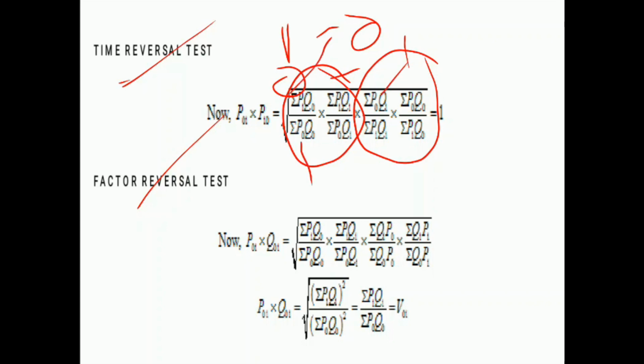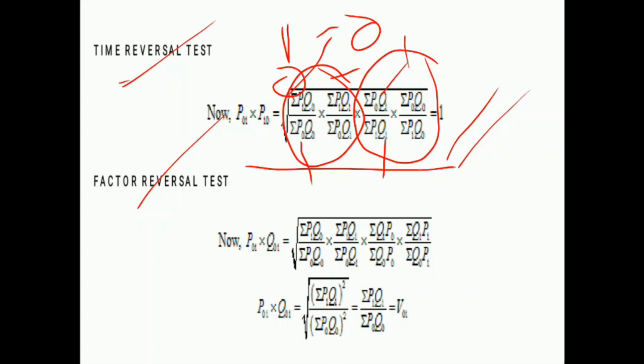Here summation P0 Q0, in the second part summation P1 Q1. That is, just change 1 to 0 and 0 to 1, and you can remember this formula easily. After writing this formula, wherever applicable, apply the values and you will definitely get the answer 1, and write it as hence proved.